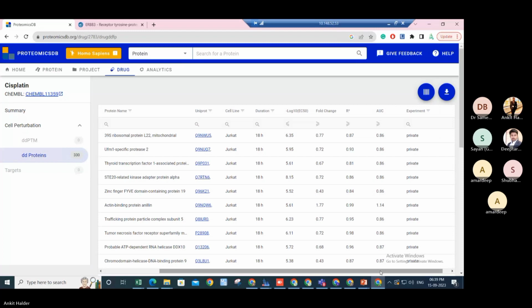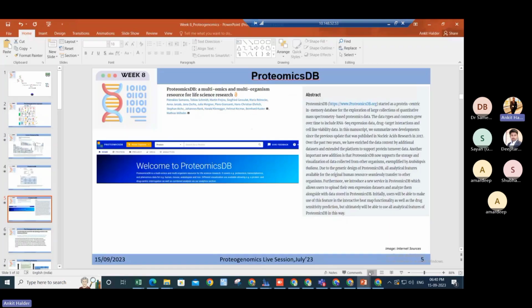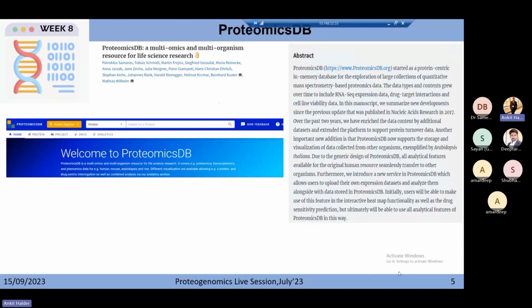So this is how ProteomicsDB has been built, and it is trying to help streamline your process of choosing drug targets and finally going ahead. As of now, you can try it both with your proteins, with the drugs, and with the identification of the peptides.